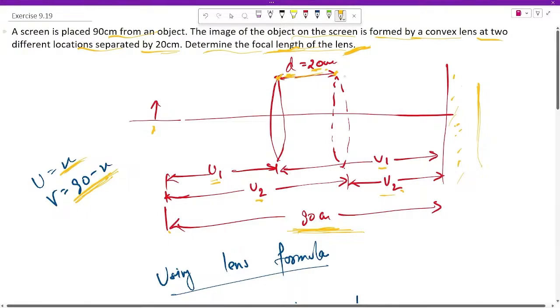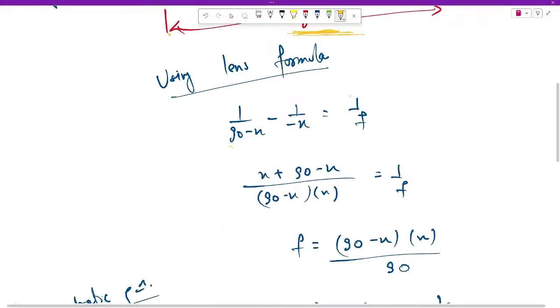Now let us use the lens formula, that is 1 by v minus 1 by u equals 1 by f. With proper sign convention we can write 1 by 90 minus x, that is v. Since v is on the right side of the lens, it is going to be positive, and u, the object, is on the left side of the lens, so it is going to be negative. So 1 by 90 minus x minus of 1 by minus x equals 1 by f.